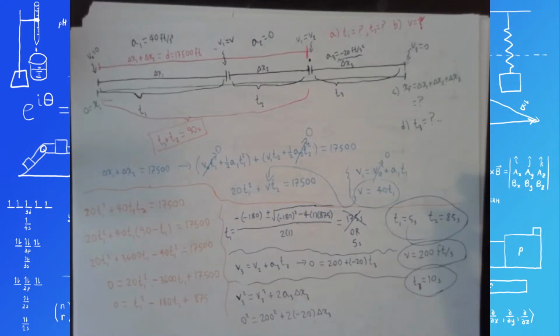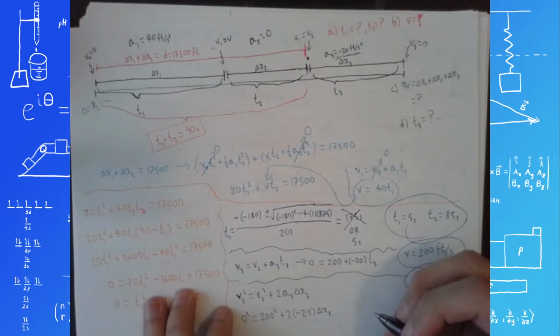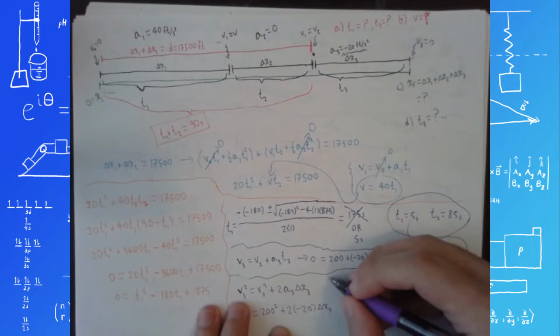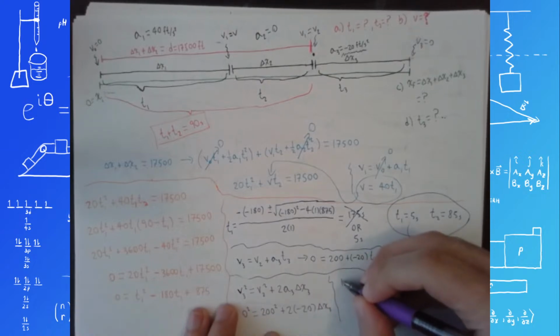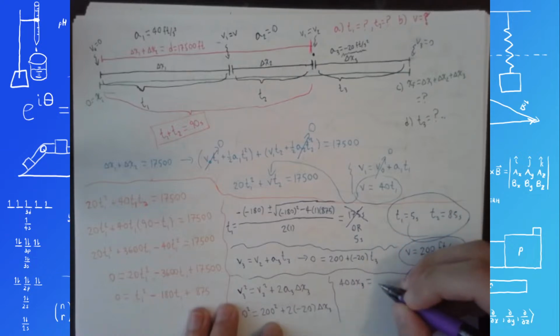I'm not going to square the 200, actually. However, I am going to add 40 delta x3 to the left-hand side. So 40 delta x3 equals 200 times 200.